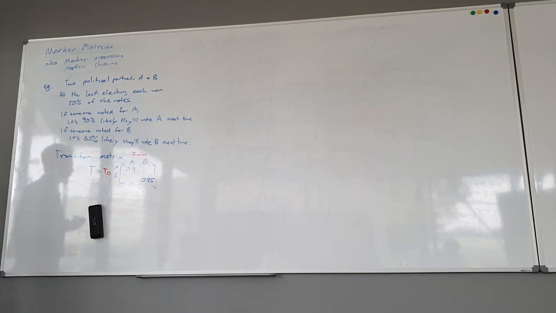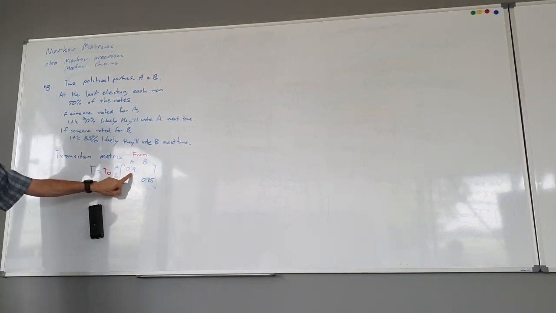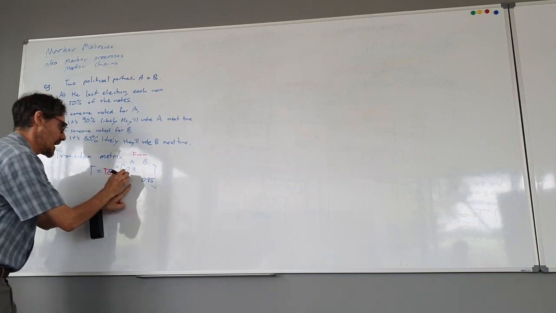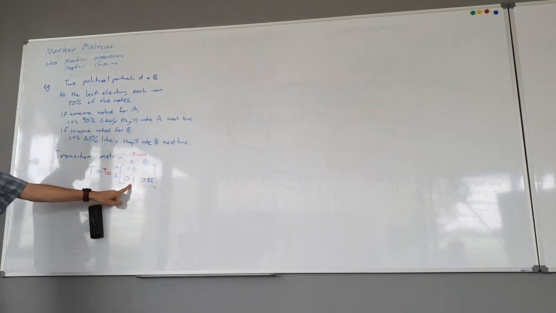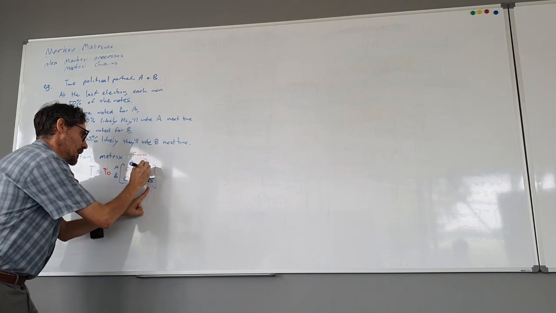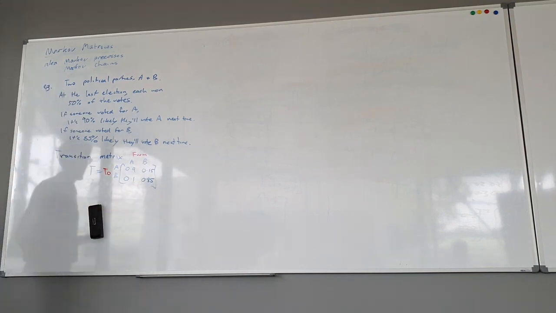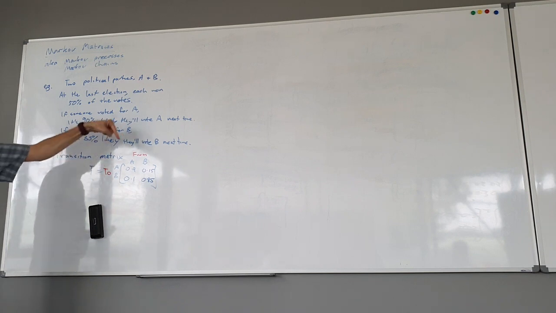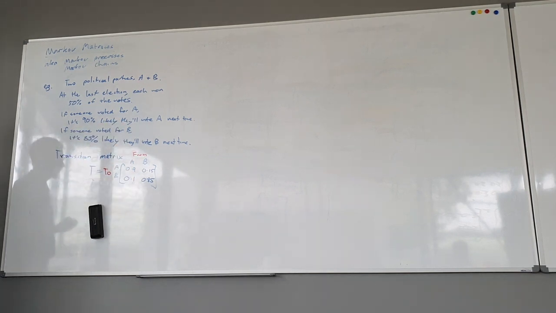What numbers do I have to put in the other two spots? 1 minus which number? 90% chance from A, so there's another 10% who are going to B. 85% from B to B, so there's a 15% chance of them going to A. Each column has to add to 1.